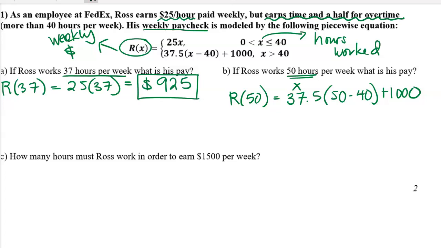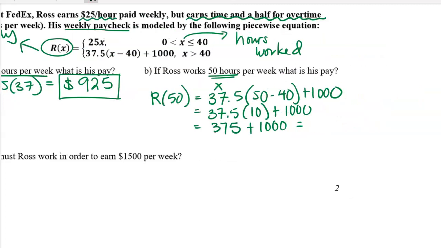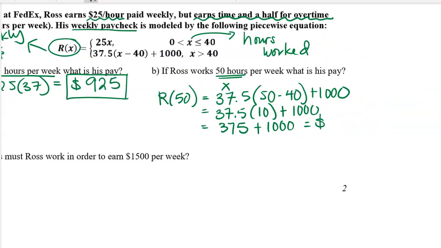Nolan, what is 50 minus 40? Good. And 10 times 37.5 will give us what? 375. And 375 plus 1,000? All right. So his paycheck. By the way, how many hours of overtime is that? 10 hours, yep. Pretty good pay.